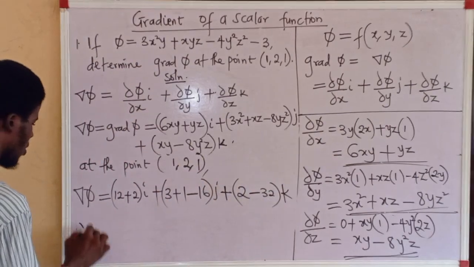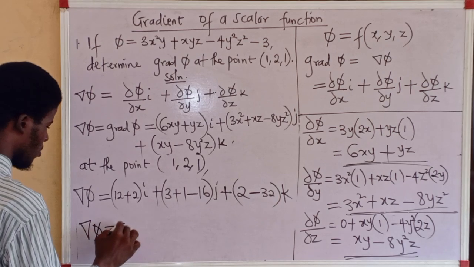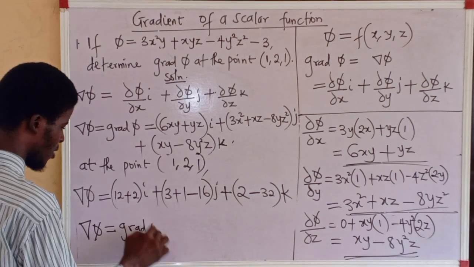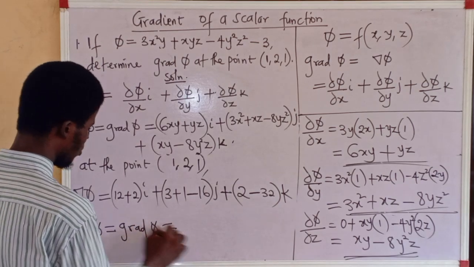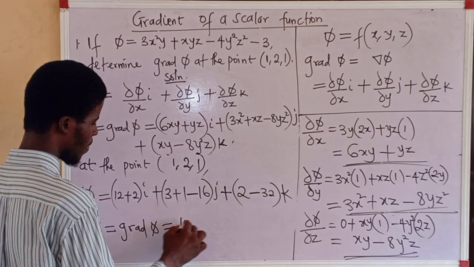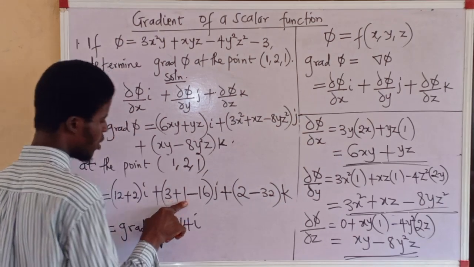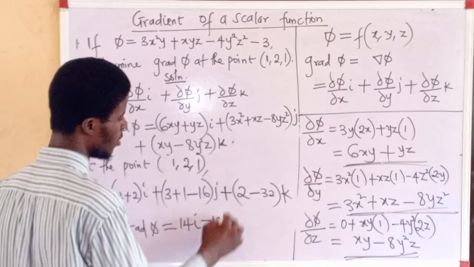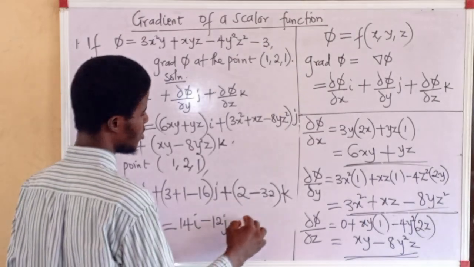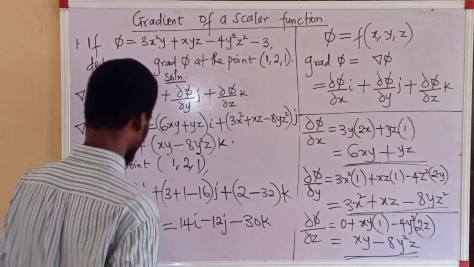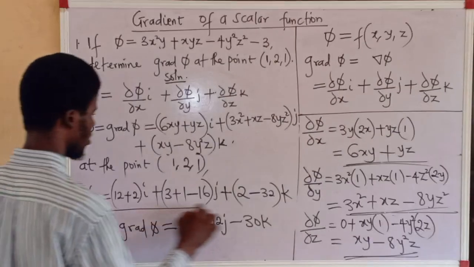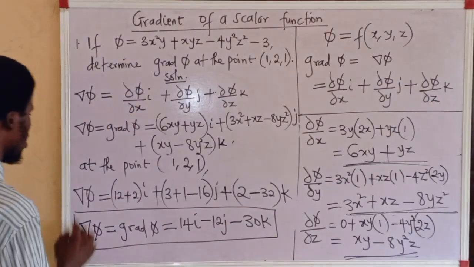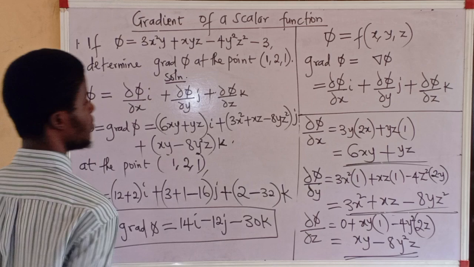So the grad of phi, I always like to write this, grad of phi is equal to 14i. 3 plus 1 is 4, minus 16 is minus 12. And this will give me minus 30k. So this is the gradient of that scalar field at this particular point.